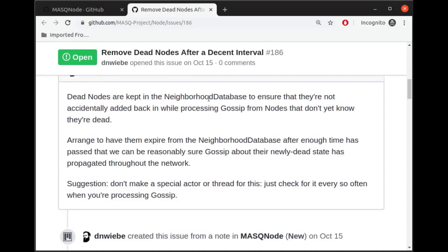Dead nodes are kept in the neighborhood database to ensure that they're not accidentally added back in while processing gossip from nodes that don't yet know they're dead. Arrange to have them expire from the neighborhood database after enough time has passed that we can be reasonably sure gossip about their newly dead state has propagated throughout the network. Suggestion, don't make a special, I don't care about that. That's to developers. Doesn't have anything to do with testing.